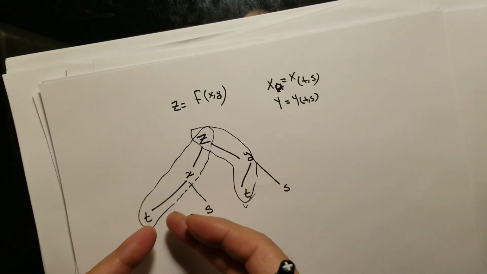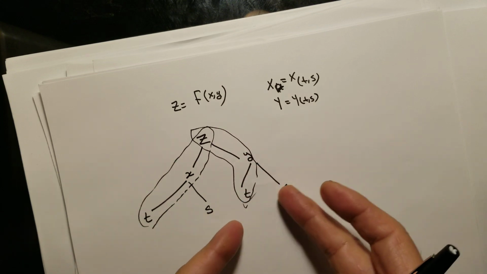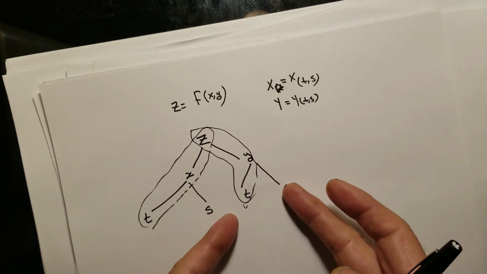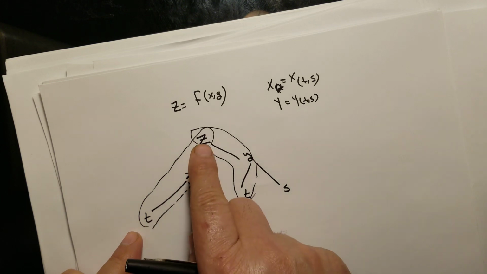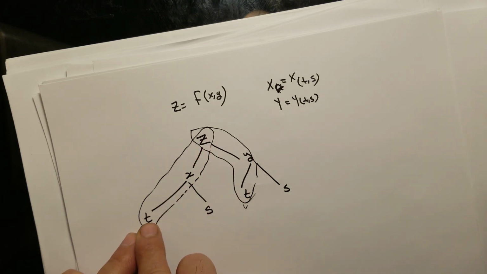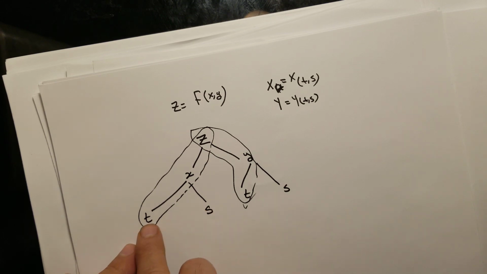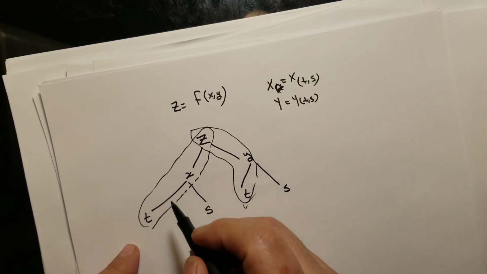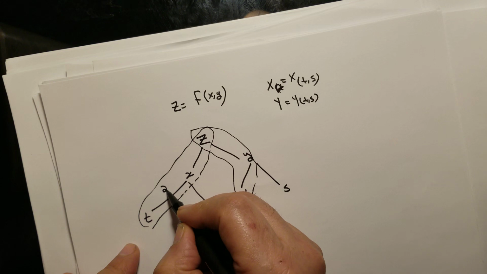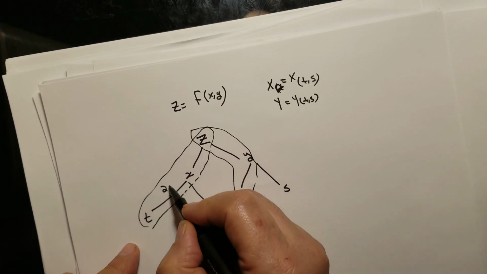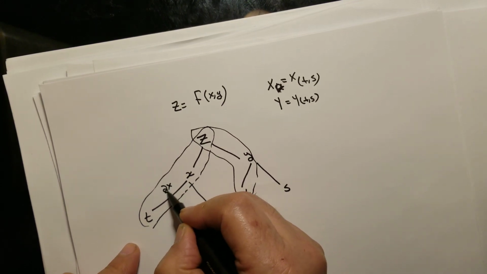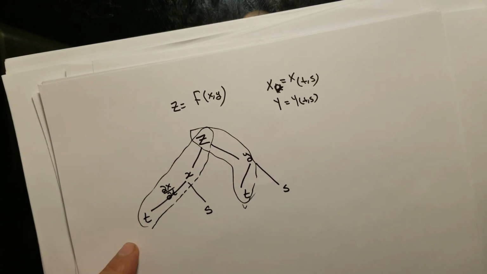Therefore, you have to ignore the s because you have to take the derivative of z with respect to t. But because x also depends on multiple variables, you cannot use an ordinary derivative, because you have to keep s constant. Here you have to say partial derivative of x with respect to t.